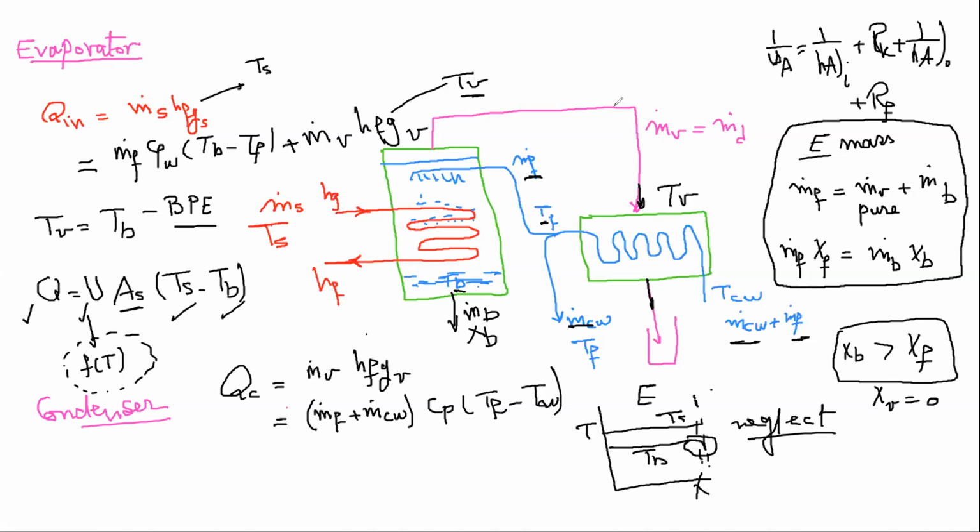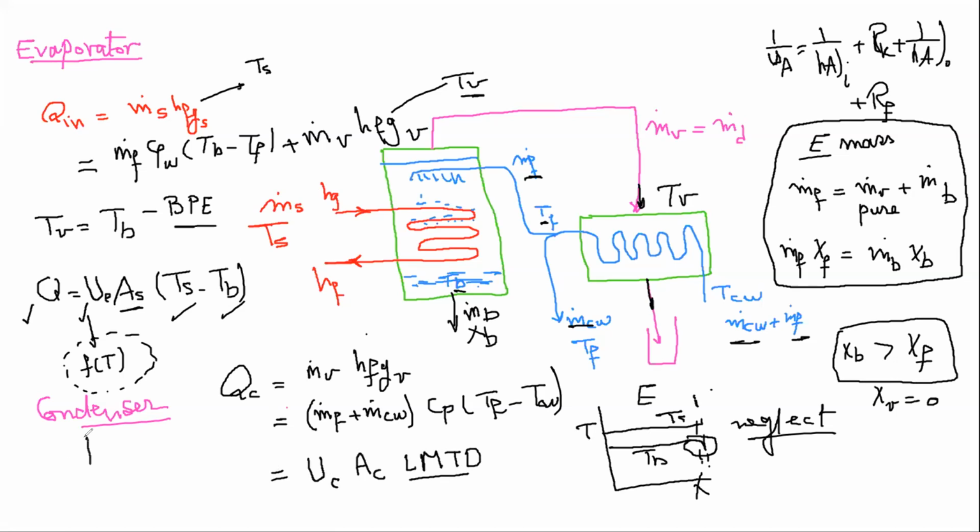So back again to the condenser. This is the energy balance in the condenser, and this energy balance is Q equal to U times A of the condenser times the log mean temperature difference. The overall heat transfer coefficient written here was for the evaporator; here is the overall heat transfer coefficient for the condenser. Here it cannot be a simple temperature difference as we did in the evaporator.